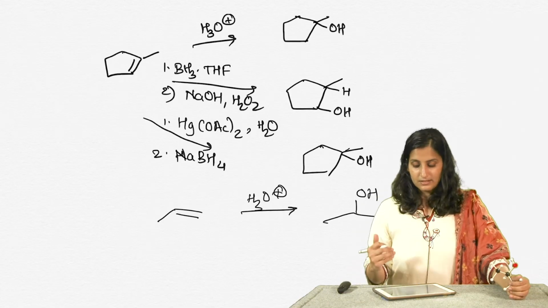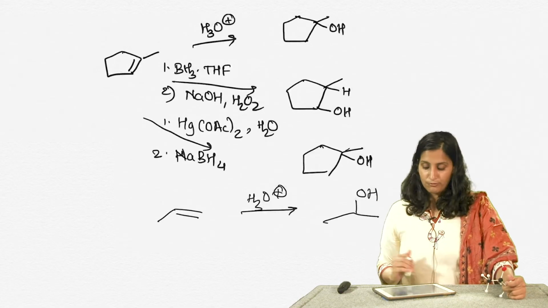So, we have seen these reactions when alkenes react to form alcohols. We have also seen the reactions from alkyl halides, when you can use a primary alkyl halide and do an SN2 reaction to form an alcohol.